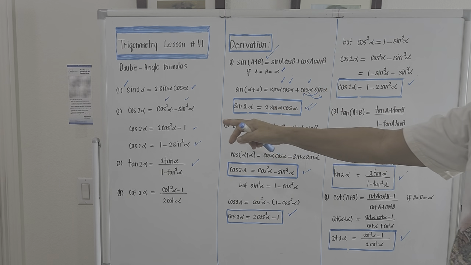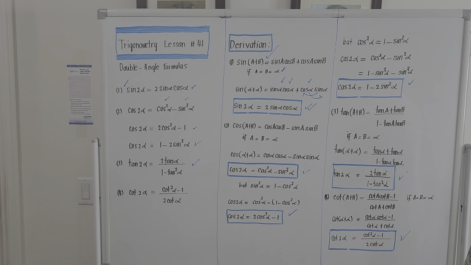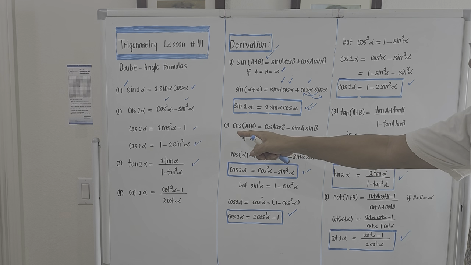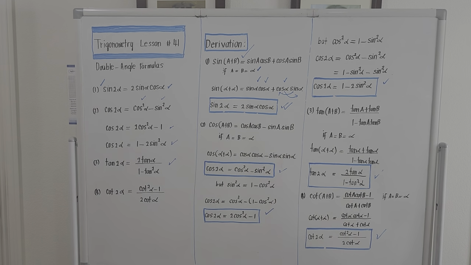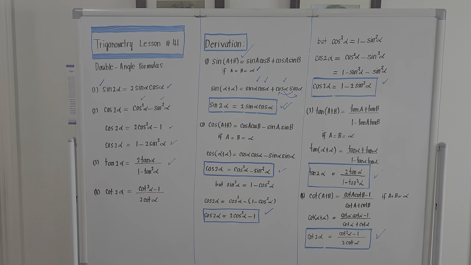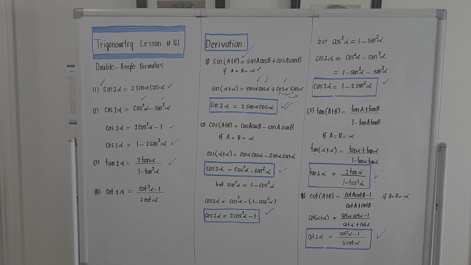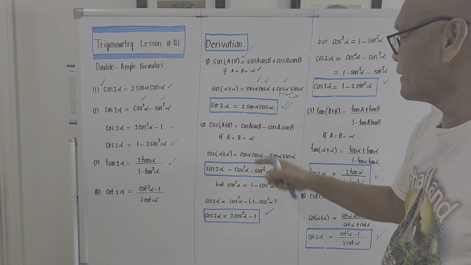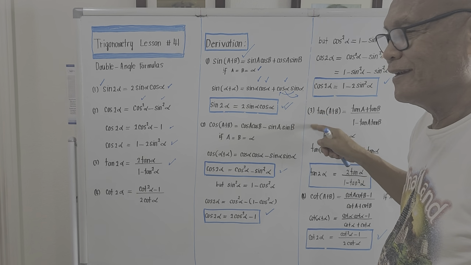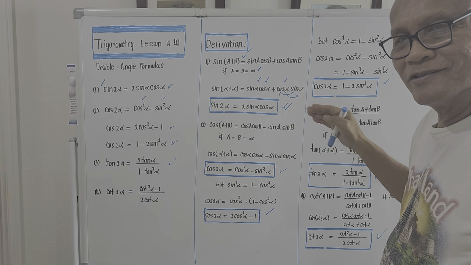Okay, let's try to derive the second one. We will start with expansion of cosine of the quantity a plus b. Like I said, if the function is cosine, it should be cosine cosine, sine sine. Cos, cos, sin, sin.